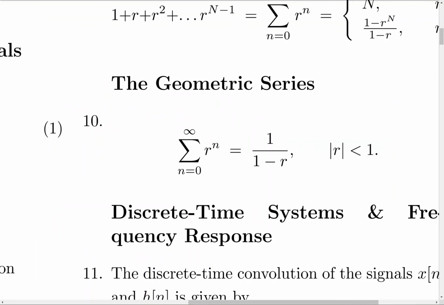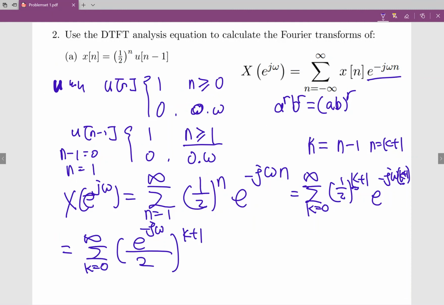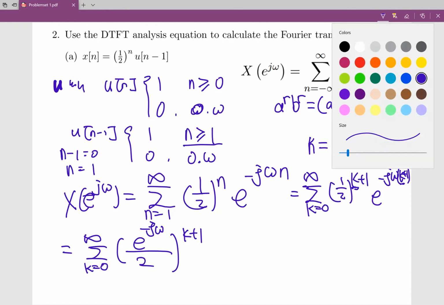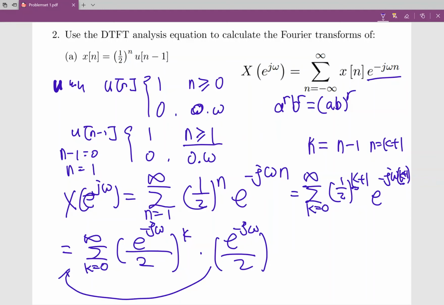But here, this is not n plus 1, this is n, right? So we need to move that plus 1 out. If this one is not plus 1, then I have to multiply by e to the power of minus jω over 2, and we can move this term out.